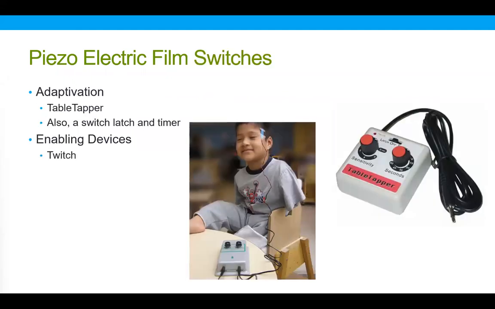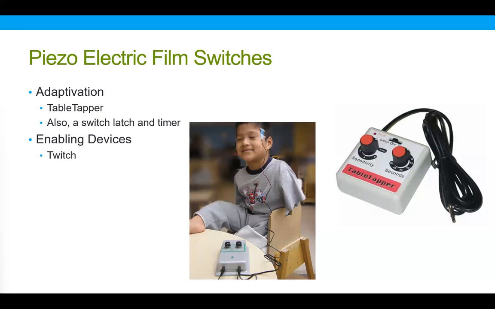So Adaptivation has something called the Table Tapper, and it's pictured on the right here. And it does function as a switch latch and timer. You would not want to use this with power mobility. It's not safe, but you can use it with other technologies in this latched mode. So this is a way of providing that.